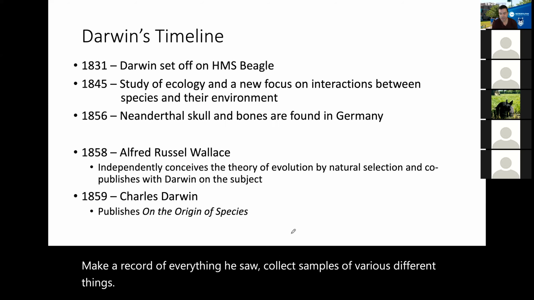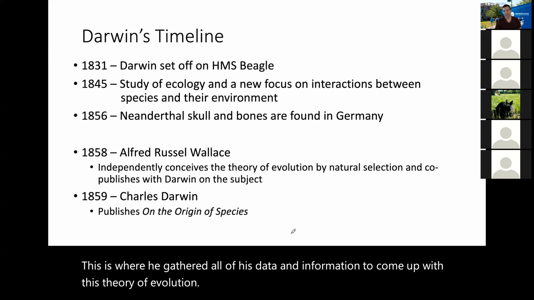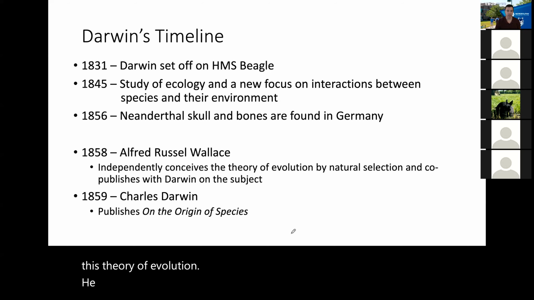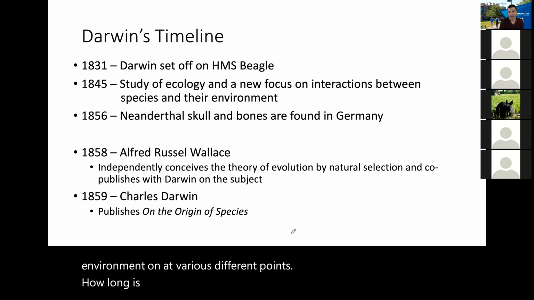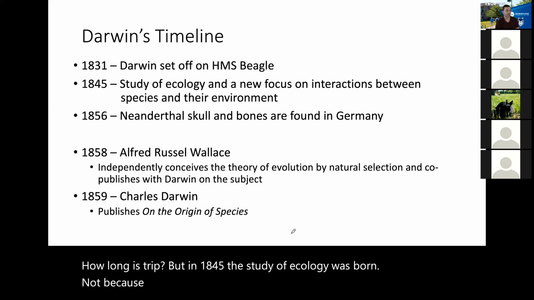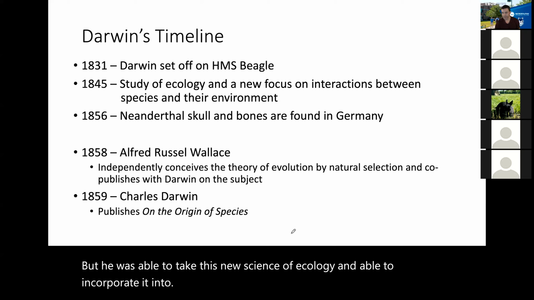This is where he gathered all of his data and information to come up with his theory of evolution. He studied ecology. He looked at interactions between species and their environment at various different points along his trip. But in 1845, the study of ecology was born, not because of Darwin. But he was able to take this new science of ecology and incorporate it into his theory.